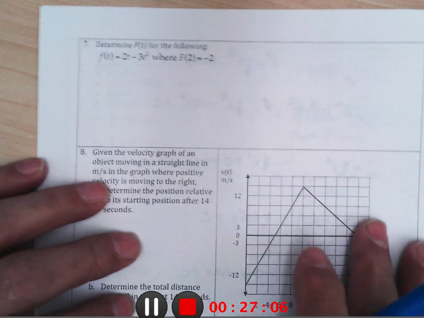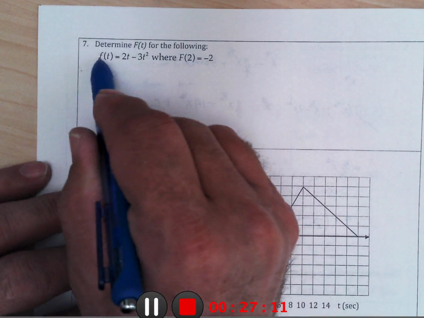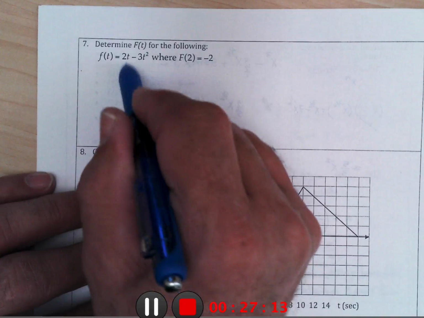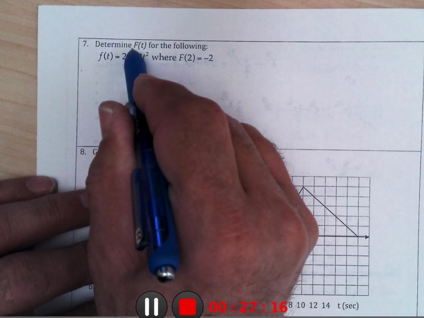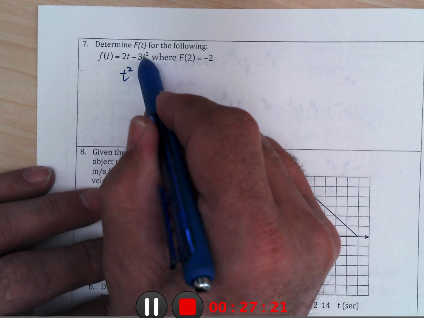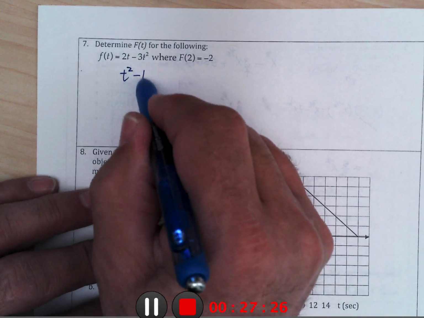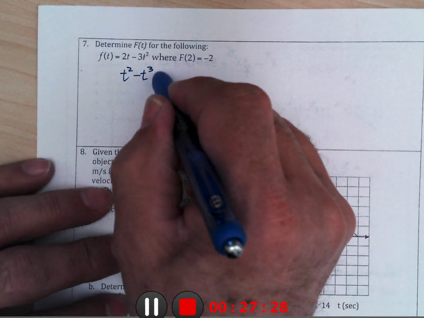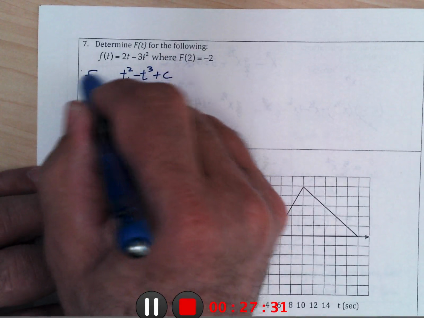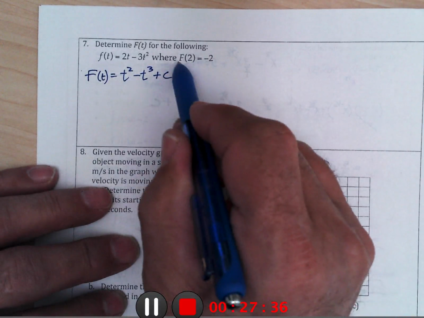Number 7. So the antiderivative of this, because we're going for capital F, so that's the antiderivative of the small case. So raise the power 1 to 2 and divide by 2, so we get t squared. Raise the power by 1, which would be 3, and divide by 3, so the 3's cancel, and I get minus t to the third, plus some constant is what capital F of t has to be. But with this, we can calculate the c.